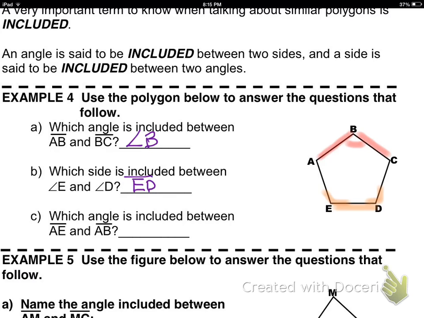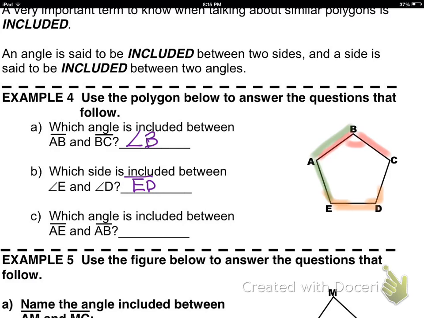And finally, which angle is included between segment AE and segment AB? Well, we see that angle A lies between those two segments. So we say that angle A is included between AE and AB.